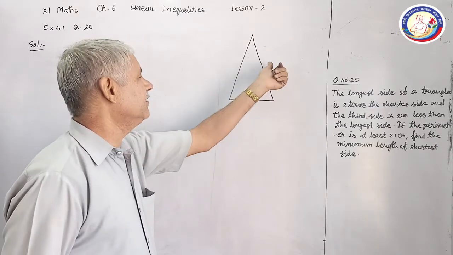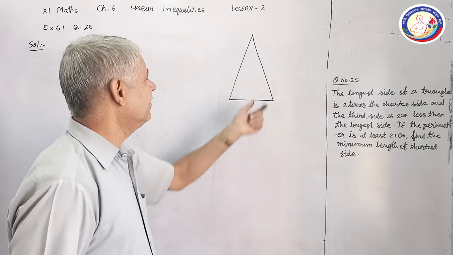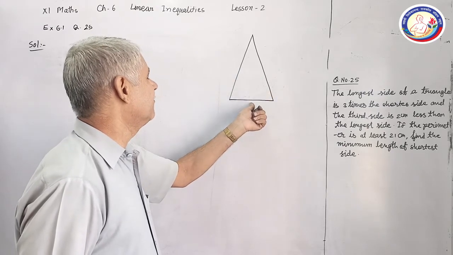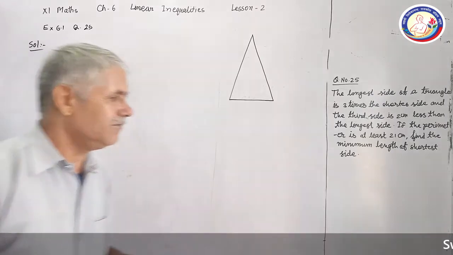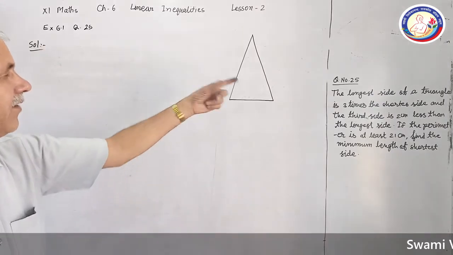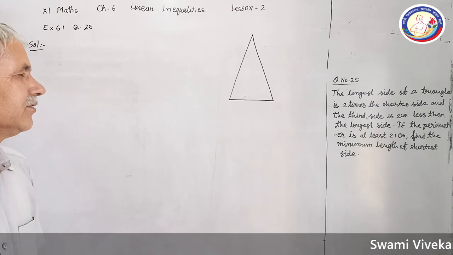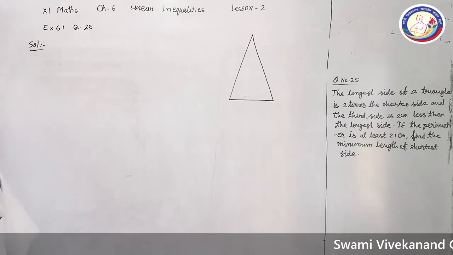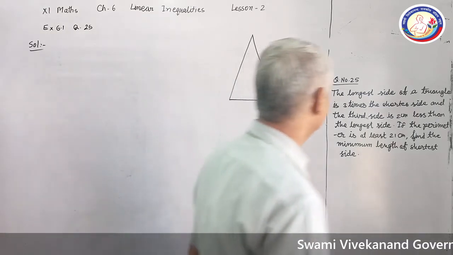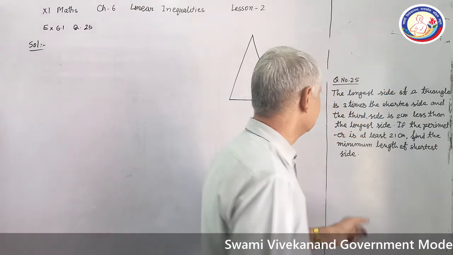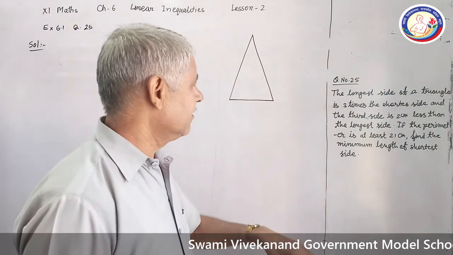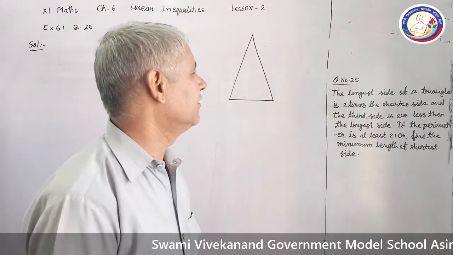Out of these three sides, we will assume one side to be equal to x, that is a variable, and with the help of this we will find the other two sides. So it will be easier to consider the side which is compared with the other two sides.